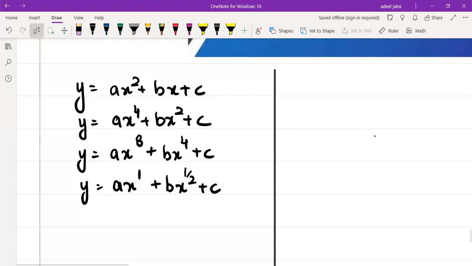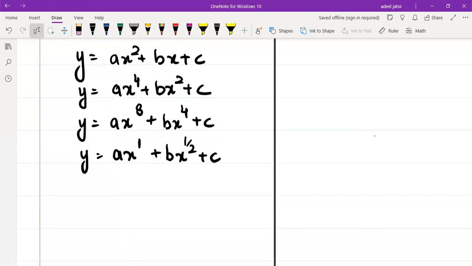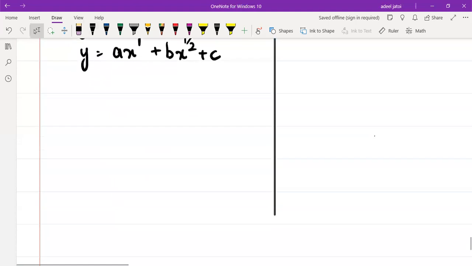Now, you see that bx will have half the power of ax, like ax to the power 8 and bx has power 4. So at the same time, you will consider this as a quadratic equation.